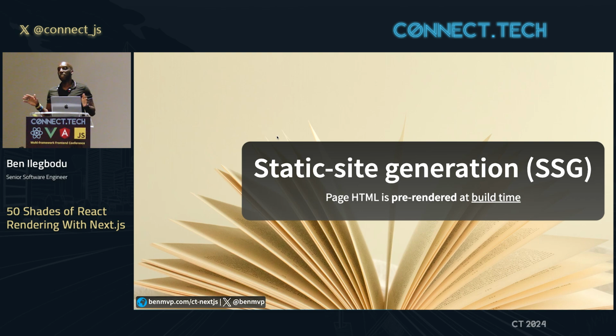Gatsby was a complete static site generation tool. What that means is that the HTML is pre-rendered at build time. So when you saw me run build for Next, that's when all the HTML pages were generated. And that was the only way that you could generate HTML pages initially with Gatsby.